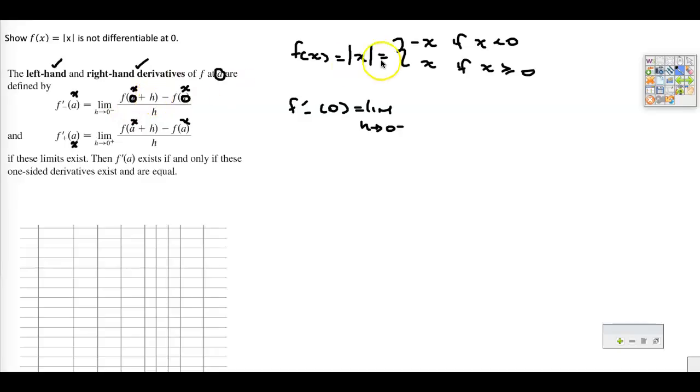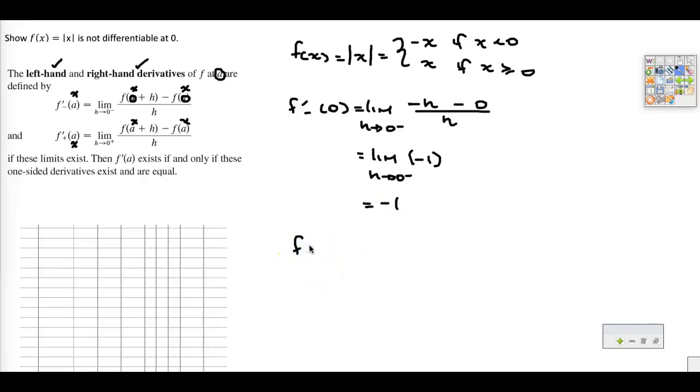So in this particular case, this is going to be minus h, which is going to be minus 0, all over h. And so therefore, this is going to be the limit as h approaches 0 from the left. Since this is 0, these h's reduce and you get a -1. The limit of a constant is a -1.